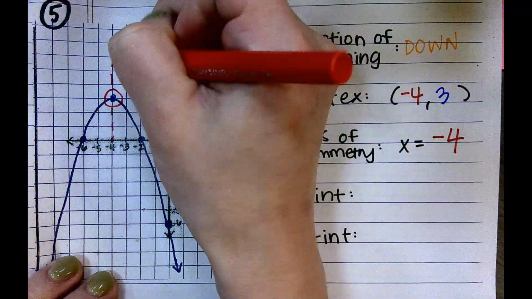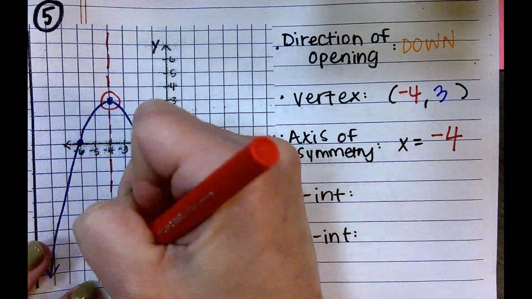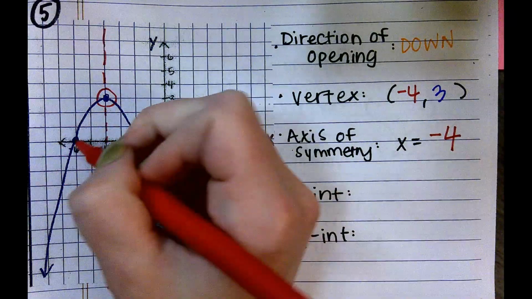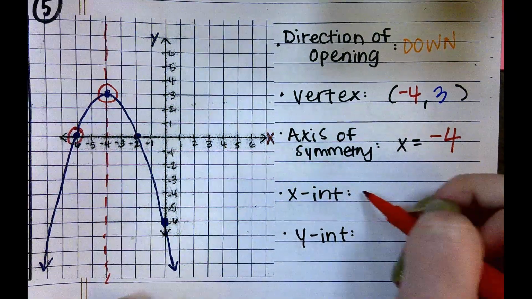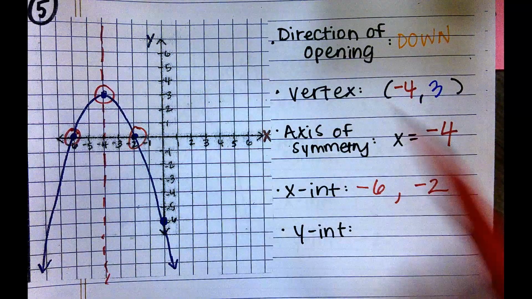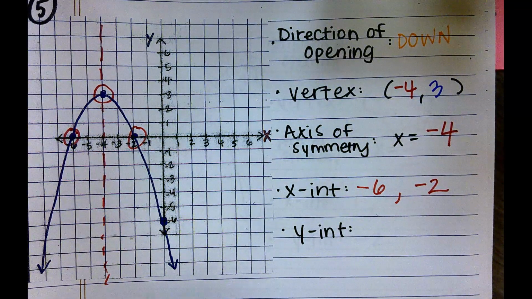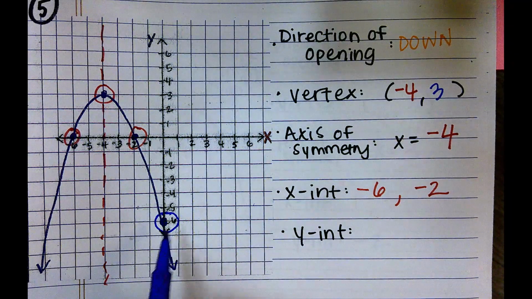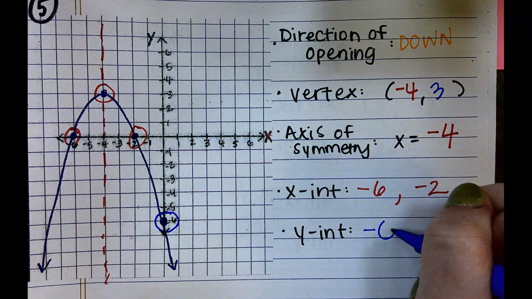It goes through -4. X-intercepts, I hear -6 and -2. Good. Y-intercept is -6. It's down below, in the negative numbers.